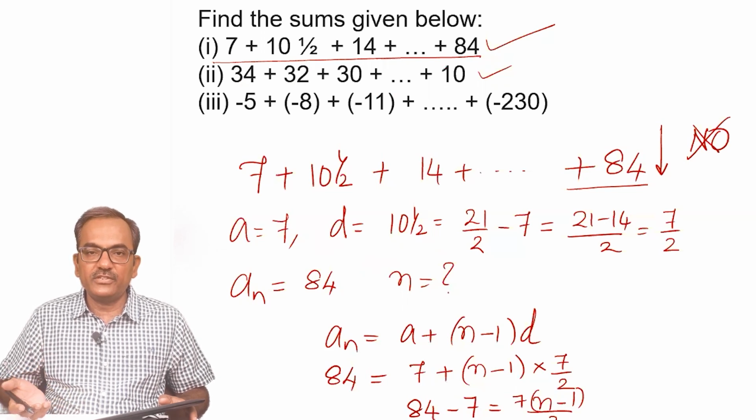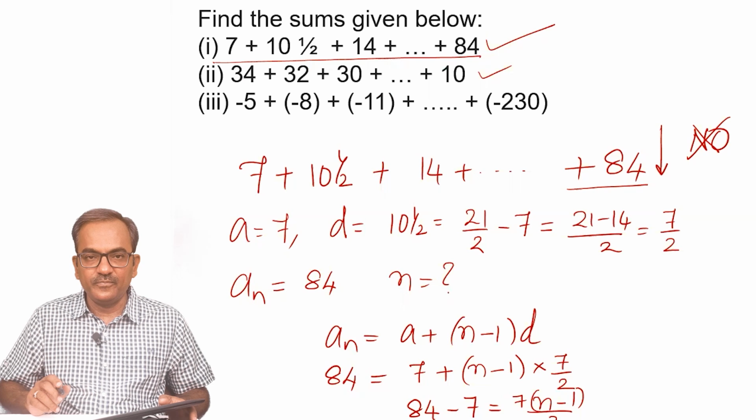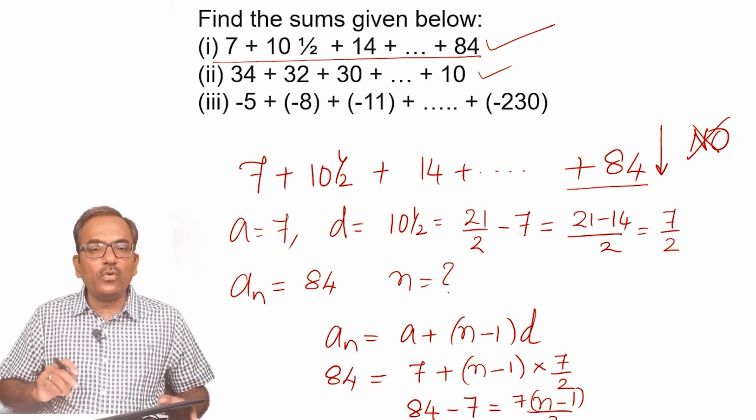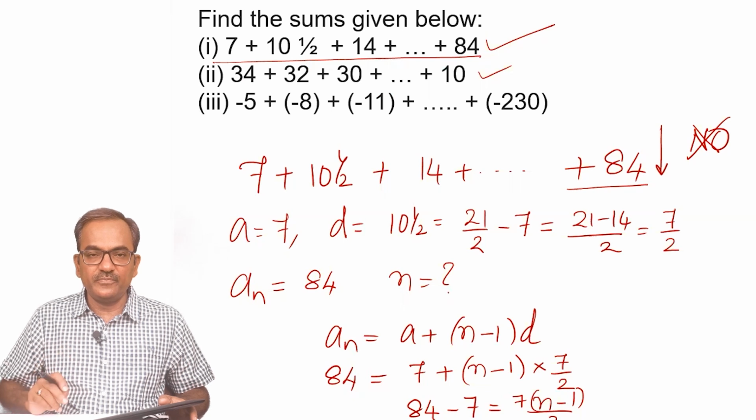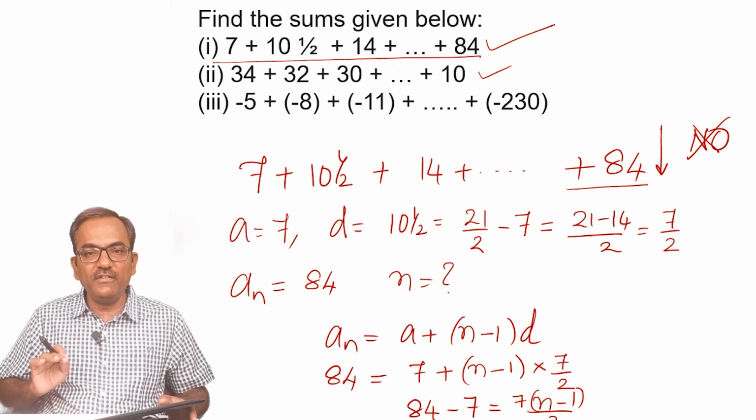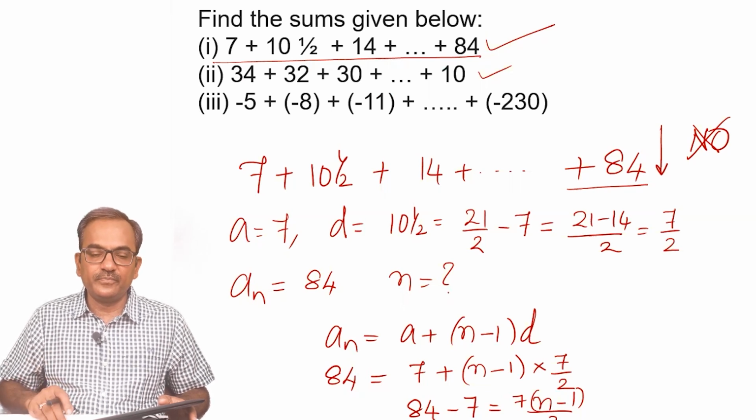It can be a fraction, it can be an integer, a positive integer or a negative integer, and you have to consider all the values for A, D and AN. Therefore, don't be under the impression that it should always be a positive integer. Whereas N is always a natural number. Only for N it applies, not for the other three values.